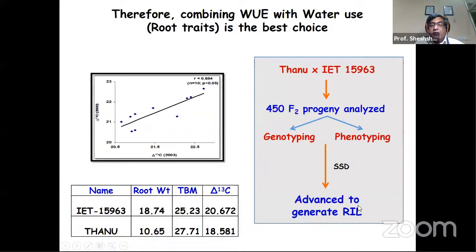And then we developed these RILs and identified some of the individual RILs which had the introgression of the trait. So what I mean to say is Tanu had better water use efficiency and IET 15960 had better root biomass, with a significantly better root, and it has much better water use efficiency when measured using carbon isotope ratios.